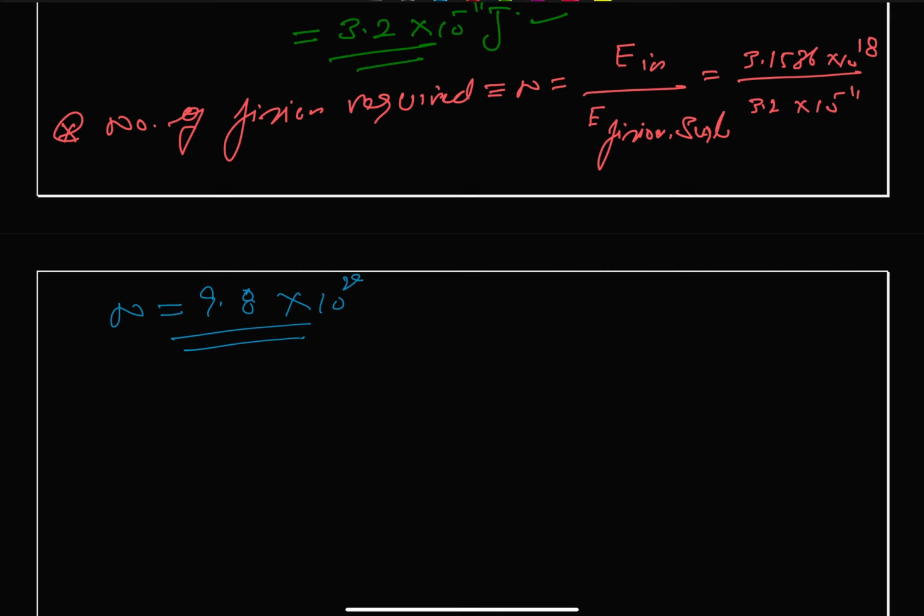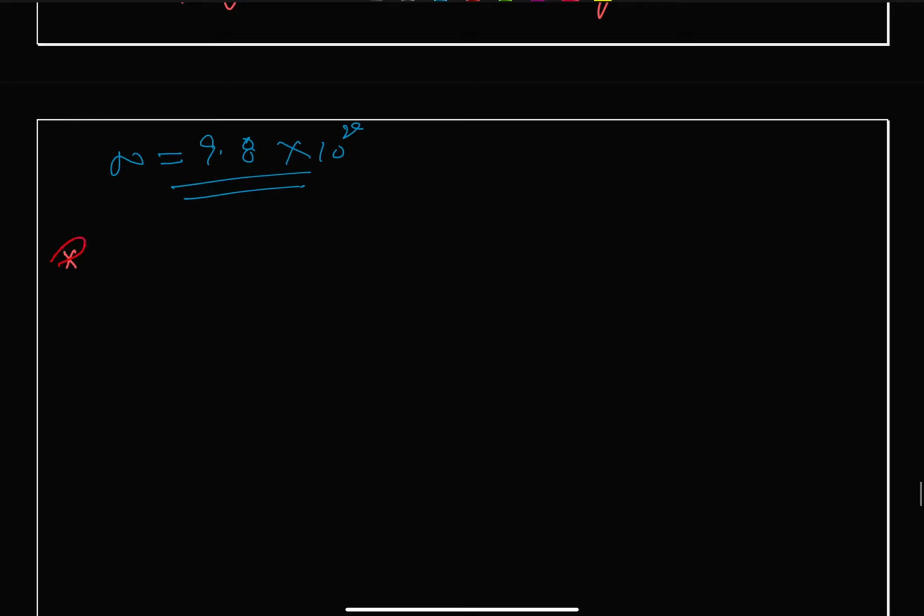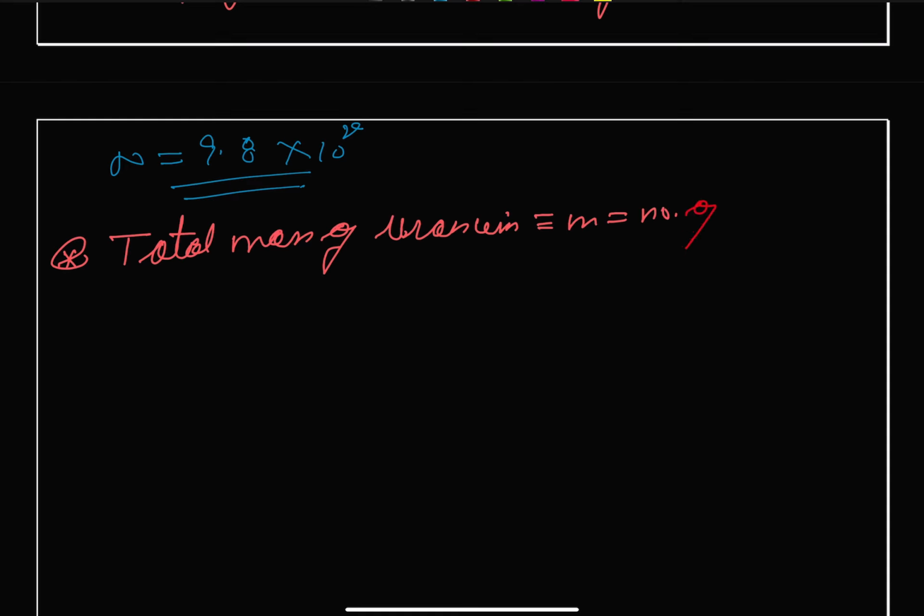Now we can easily find out the mass, and for that we require number of moles. So we can say total mass of uranium, let us suppose that is M, will be equal to number of moles multiplied by molar mass.